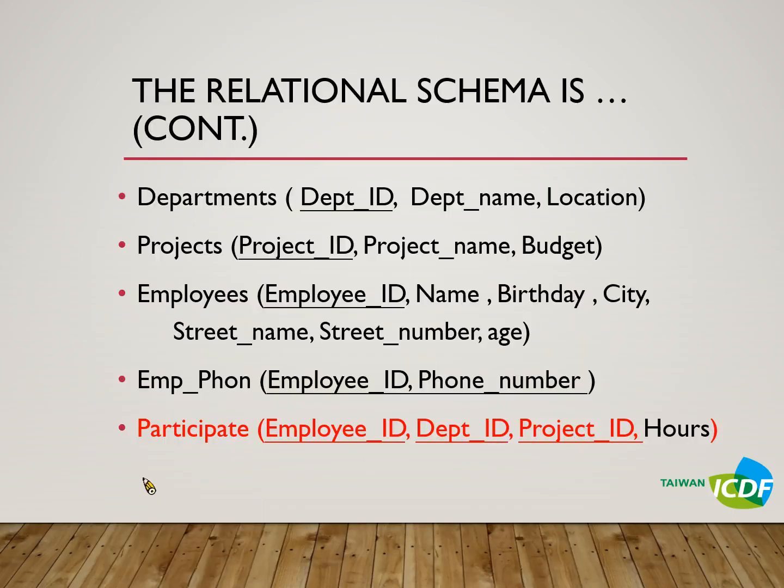After converting the relationships, we obtain the table participate, which consists not only of the primary keys of the involved entity sets, but also the attribute attached to this relationship. So each tuple of this new table shows that an employee belonging to some department participates in some project and its duration.